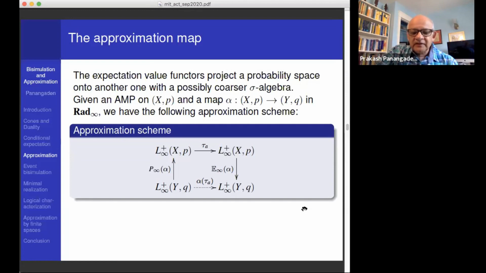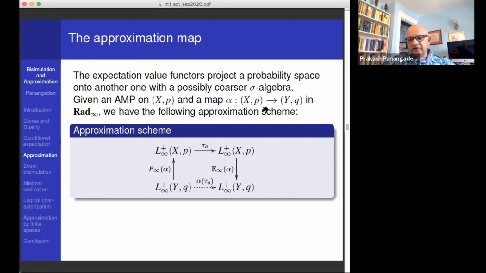Now, given such a functor, we can now define a notion of approximation. So we have this notion of abstract Markov processes. Abstract Markov processes are, again, a dualized version of Markov processes. So what do Markov processes do?